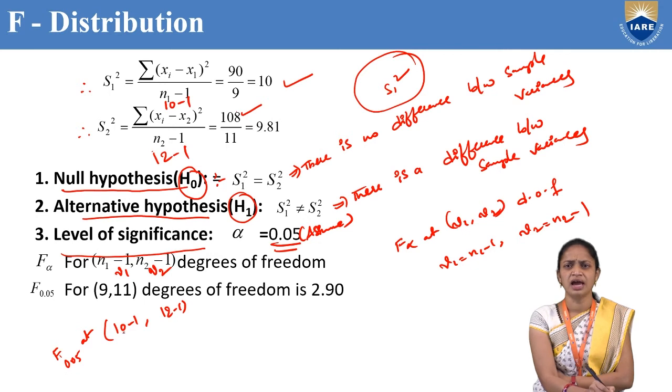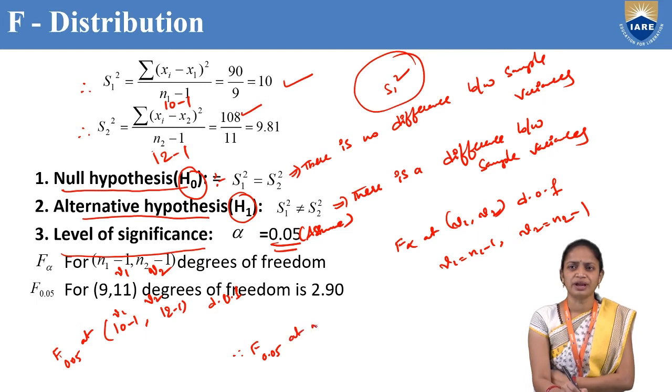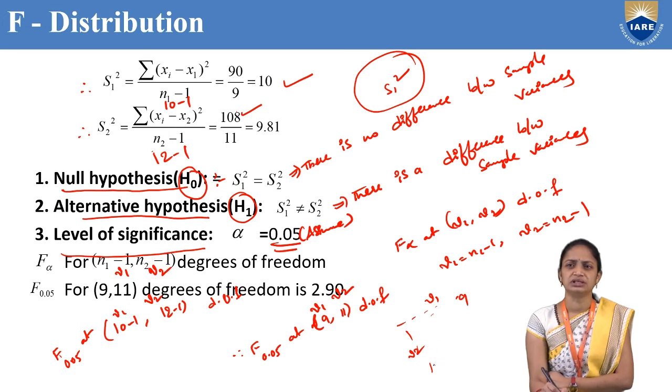So F 0.05 at 9 comma 11 degrees of freedom, since 10 minus 1 is 9 and 12 minus 1 is 11. Okay. So that means the nu1 value is 9 and nu2 value is 11.